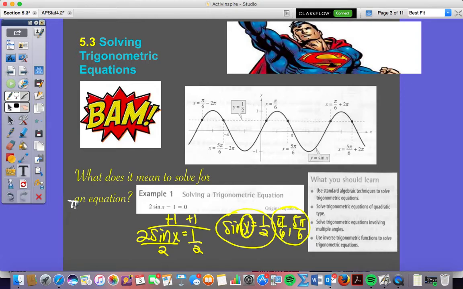Because if I took pi over 6 and 5 pi over 6, those are my 2 answers if it was in the interval. But if it was pi over 6 and I was looking at you, Josh, but then I rotated and then I came around, I could keep adding 2 pi because wherever I start is where I would stop if I added 2 pi, right? So what I would need to do with these 2 is actually add what to it? 2 pi.